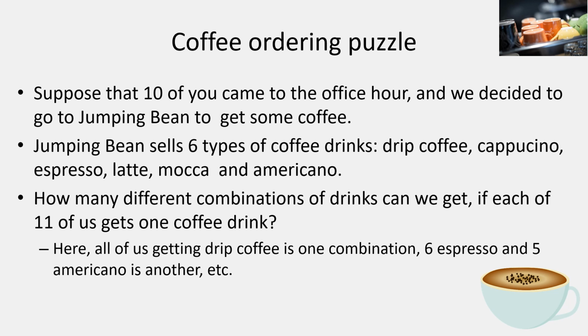And here, me getting cappuccino and somebody else getting espresso is the same as me getting espresso and somebody else getting cappuccino, because we are still going to order one espresso, one cappuccino, and all that stuff. So say one combination is everybody getting drip coffee, another one is 6 get espresso and 5 Americano, and so on and so forth.